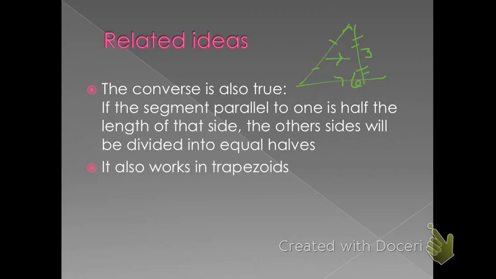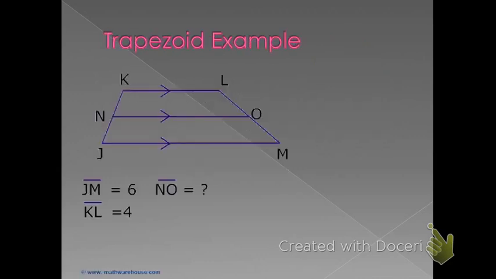Both going forwards and backwards, the theorem also works in trapezoids. With the trapezoid, instead of this midsegment being half of this line, add these markings in.